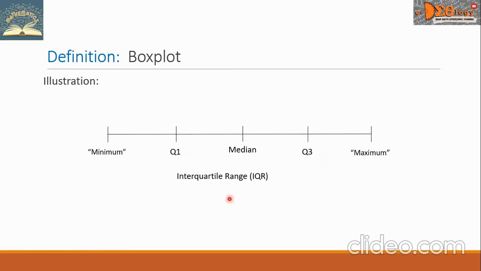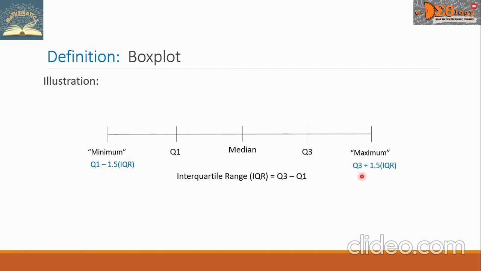Let us introduce another term, interquartile range, or IQR. The formula is third quartile minus first quartile. After we get the IQR, we shall have now the formula for the minimum value. This is first quartile minus 1.5 times IQR.